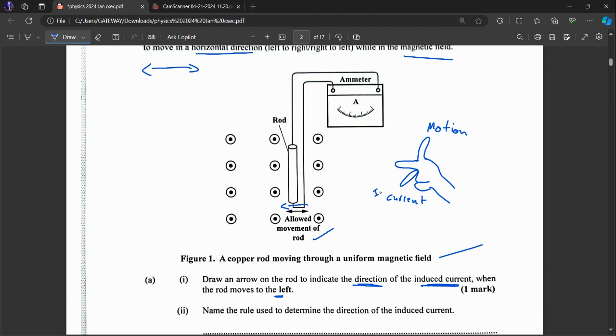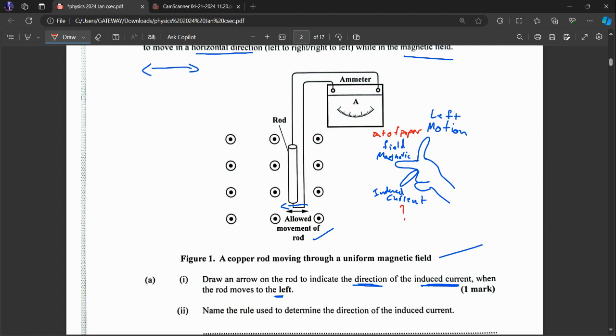So I'm going to put induced current. This would be the magnetic field, and obviously that's the motion, but our motion is to the left. Our magnetic field is coming out of the paper, and the induced current is what we're trying to find. So we apply that rule here. The motion would be to the left, so your thumb should be pointing to the left.